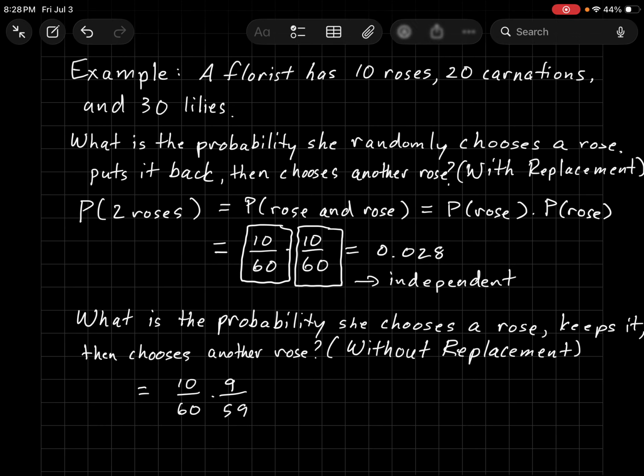We say the events are independent because the probability stays the same. But what happens down here? The first rose is still 10 out of 60, but if I don't replace it, then the probability of the second rose is no longer the same. And we'll talk about this more in the next video when we talk about conditional probability.